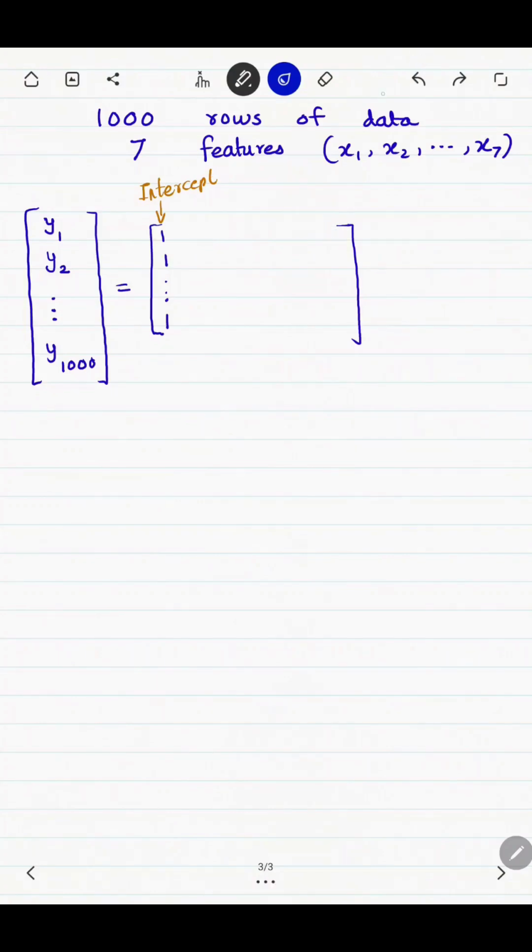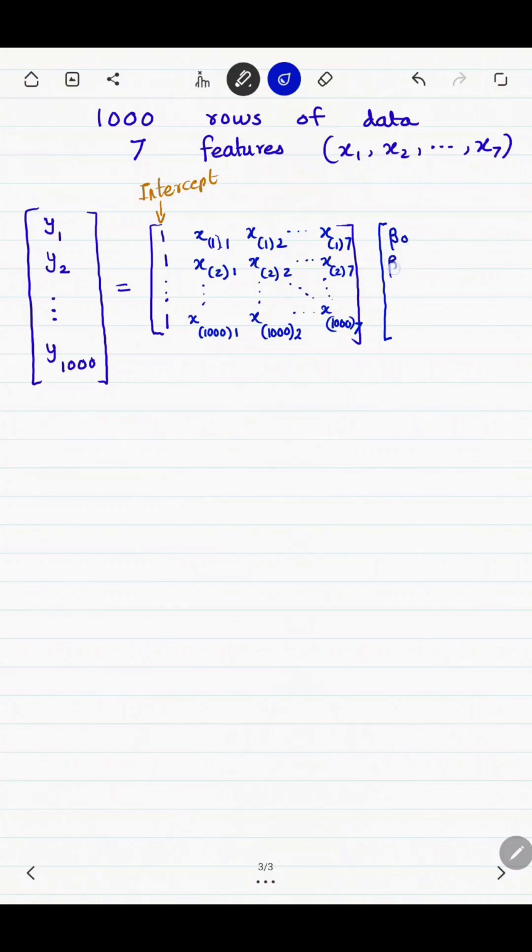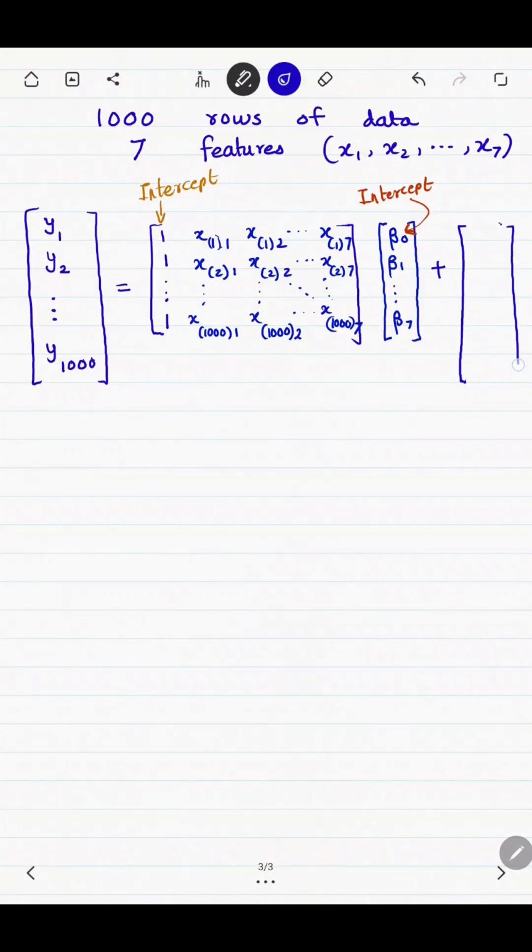So each row will have 8 elements, 1 and the 7 features. The first row is for the first data point, the second row is for the second data point, and accordingly it will have 1000 rows for the 1000 data points. That is multiplied by the column vector beta naught, beta 1 up to beta 7. Beta naught is the intercept, and beta 1 to beta 7 are the coefficients of x1 through x7, plus the errors epsilon 1, epsilon 2 up to epsilon 1000.